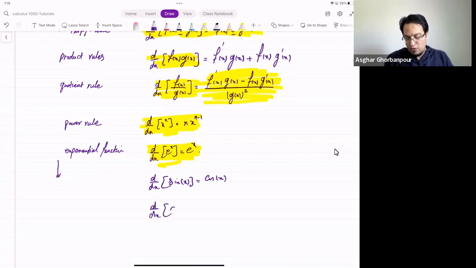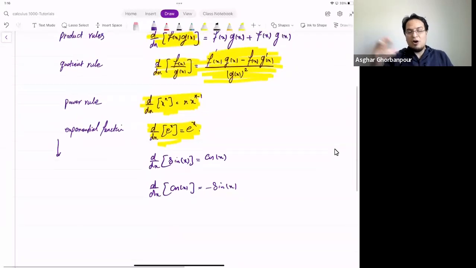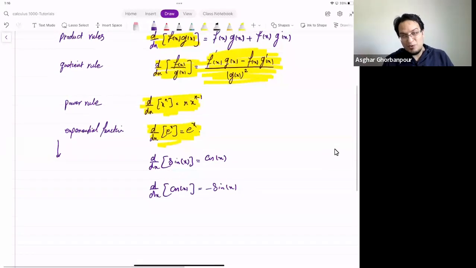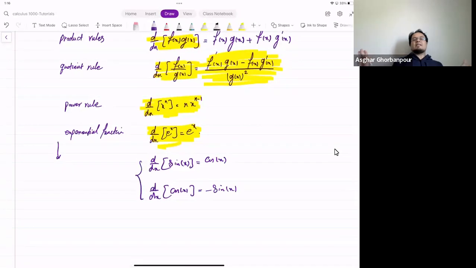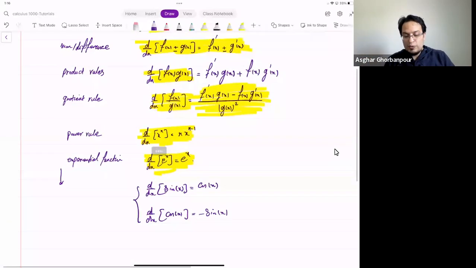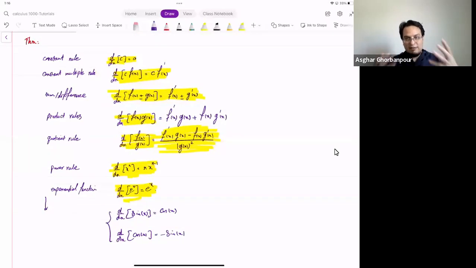The derivative of cosine x is negative sine x. For the other trigonometric functions, we'll do one of them, but everything comes out from these two. But you have to now start using this toolbox and add more tools into it.